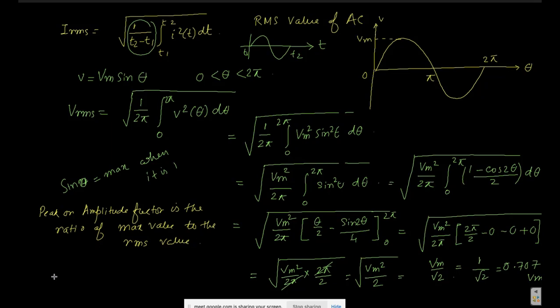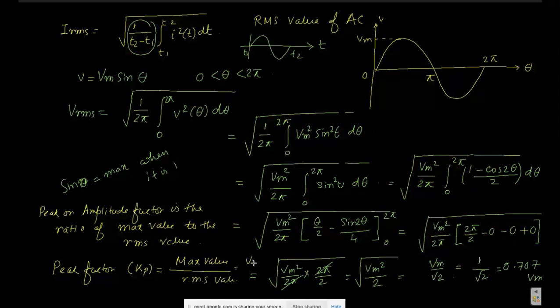That is the peak factor, Kp, the max value by the RMS value, that is Vm by Vm by root 2, that is root 2.